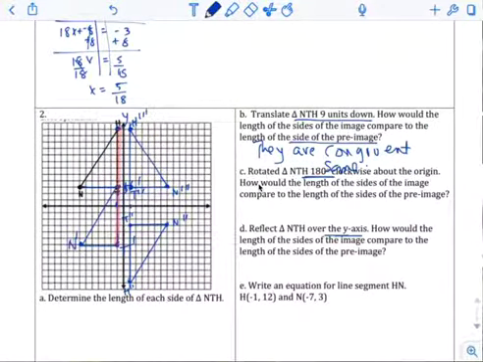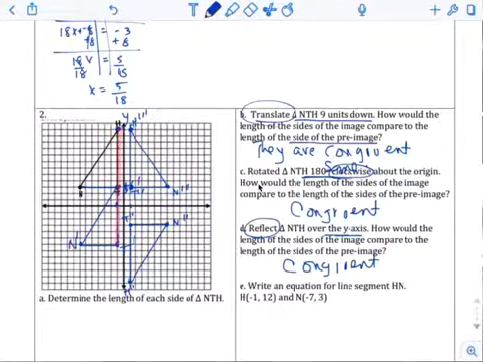How would the length and side compare? They're congruent. Okay, they're the same. How did the sides compare? They're all the same. They're congruent. Rotating it, reflecting it, sliding it, does not change the shape in any way.